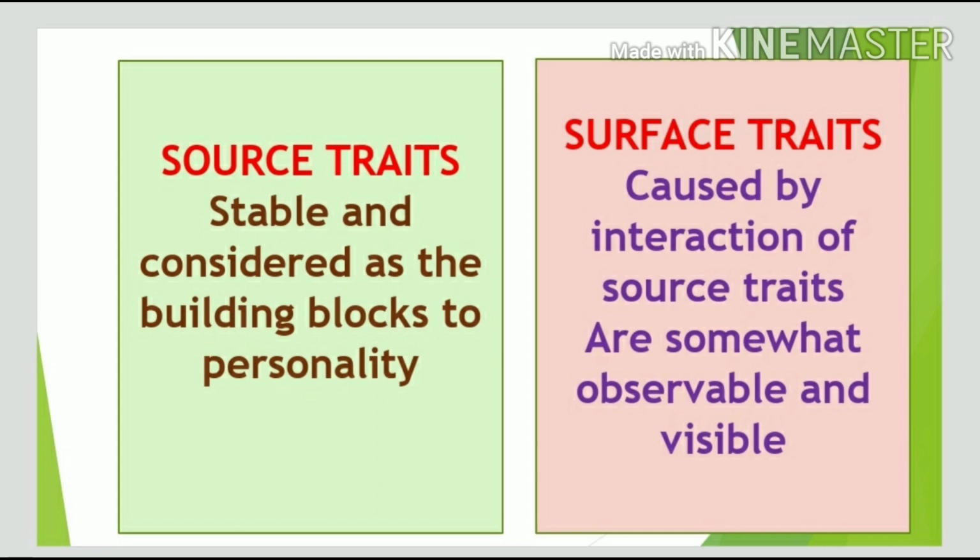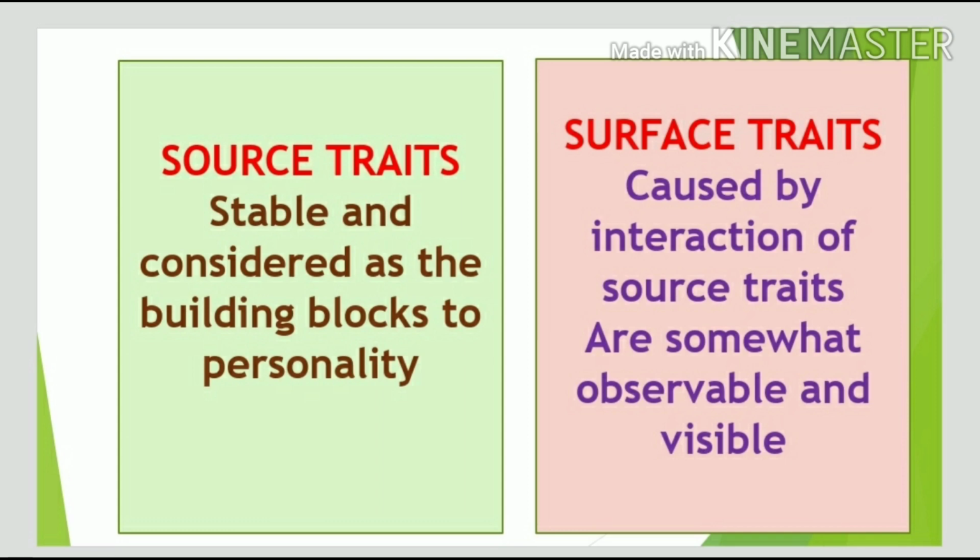So a surface trait is comprised of these source traits, and Cattell considered source traits to be more influential than surface traits in studying personality. And surface traits are easily visible to others, whereas source traits are not visible as they underlie the personality of an individual.